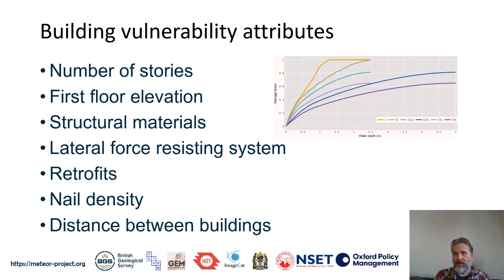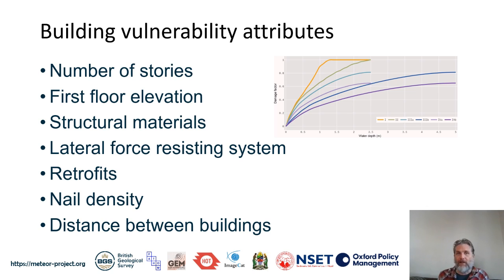So for each type of these hazards, you have many different attributes that can go into the vulnerability that can be represented. Right off the bat, number of stories is very important, both to look at the exposure on the bottom floor to floods, or the spectra that it's most vulnerable to for earthquakes.